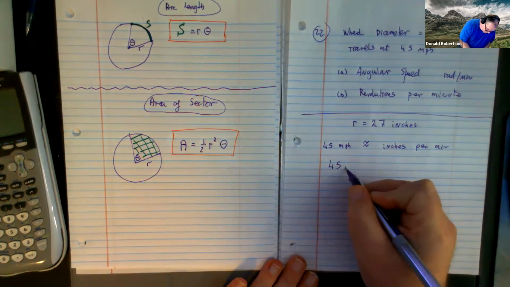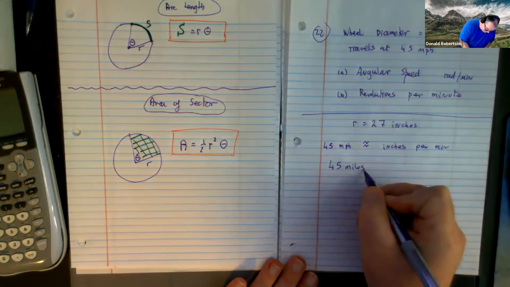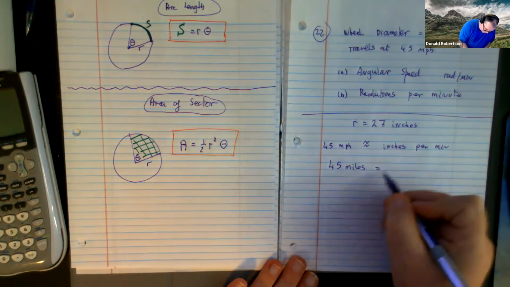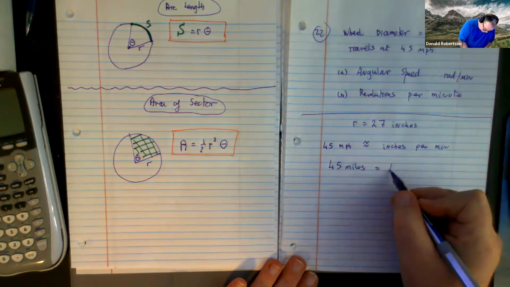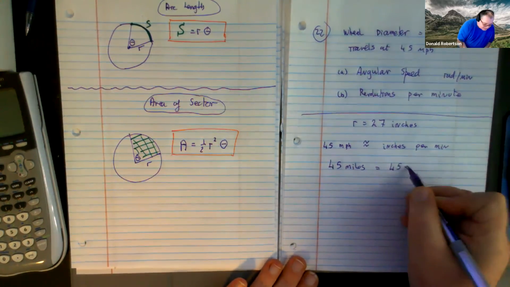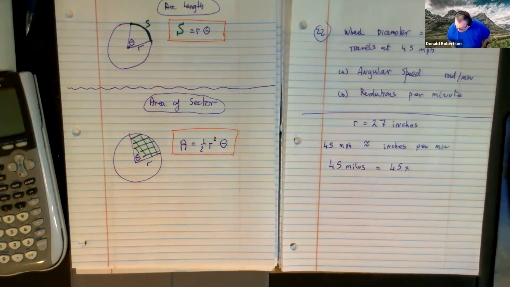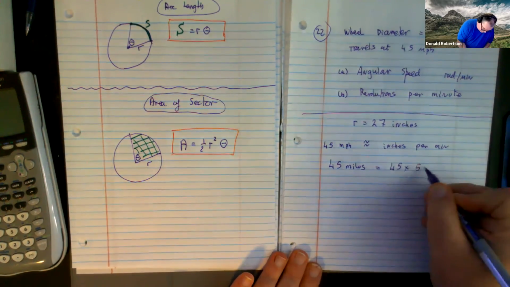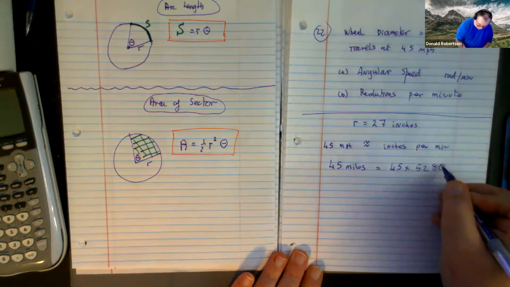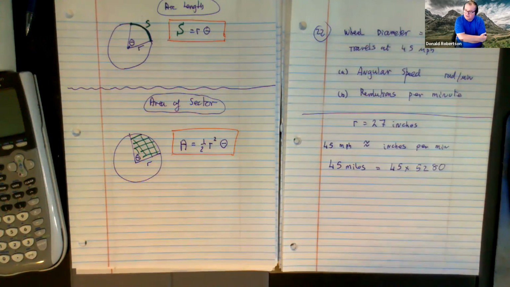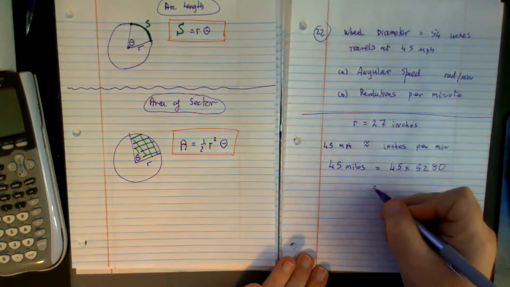Okay. Let's see how I would approach this. 45 miles. First thing I'm going to do is convert that into inches. 5,280 inches. Would you agree multiplying miles by that number is how many inches 45 miles is? Isn't that feet?